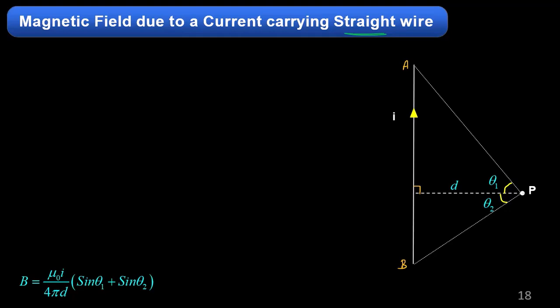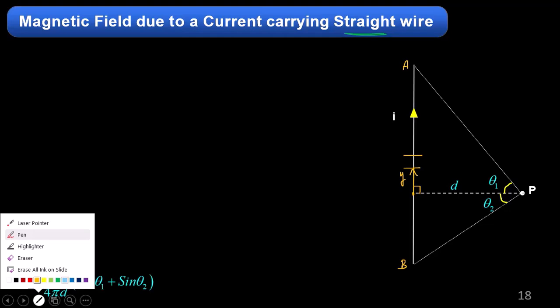Now I want to calculate the magnetic field at that particular point P using the Biot-Savart law. For the Biot-Savart law, I have to apply the concept of an element. So if I move from this point along this wire by a distance y, and take the element dy, let us say this is the element dy.